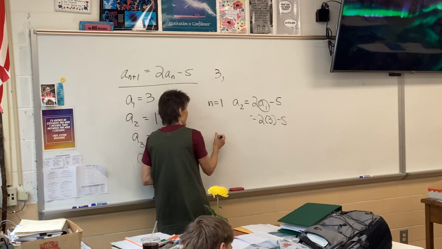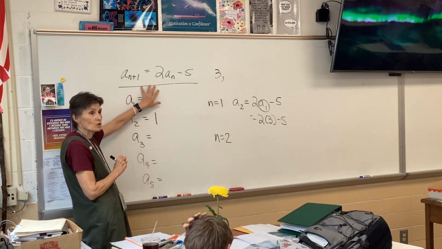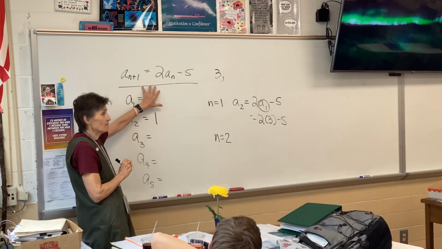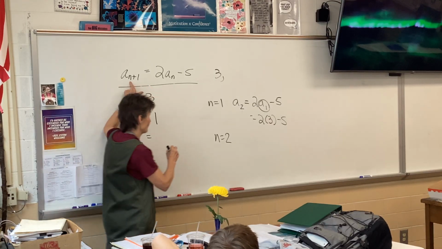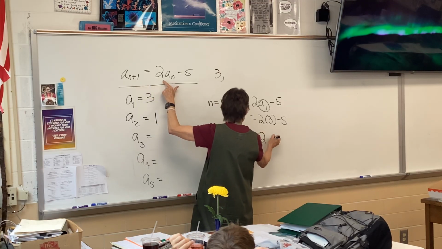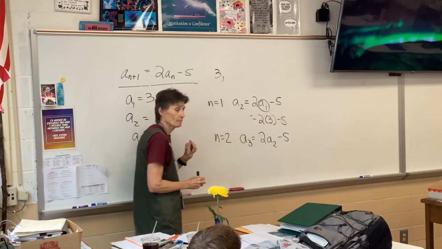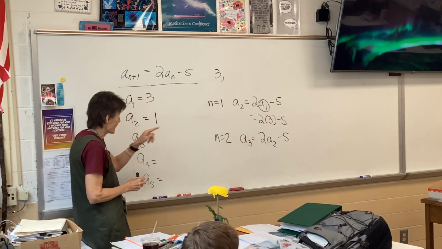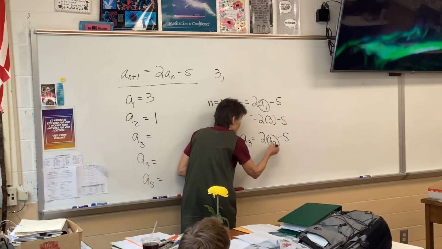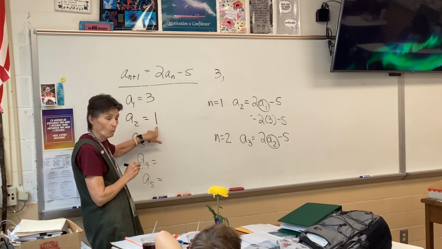Now, I'm going to let n be 2. What does my equation say if n is 2? A sub 3 equals 2a sub 2 minus 5. But I know a sub 2. A sub 2 is 1.